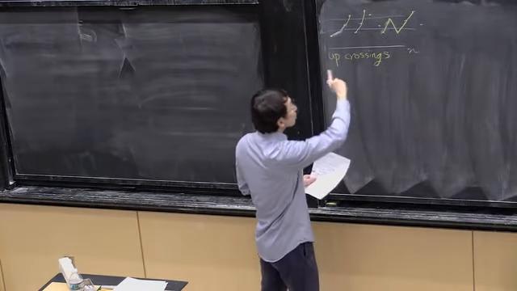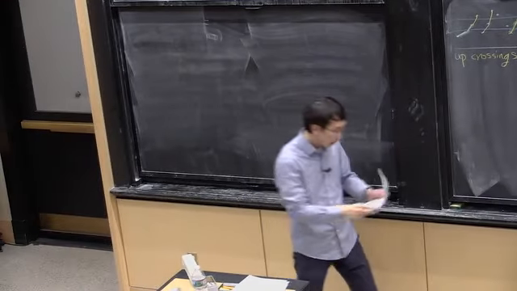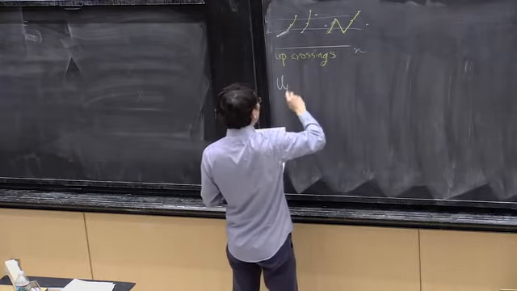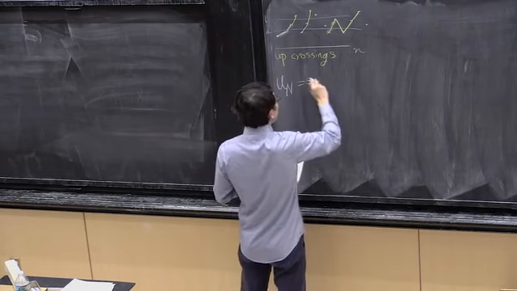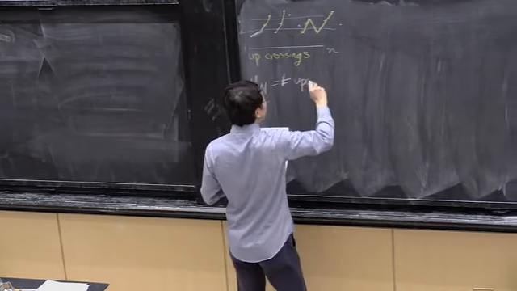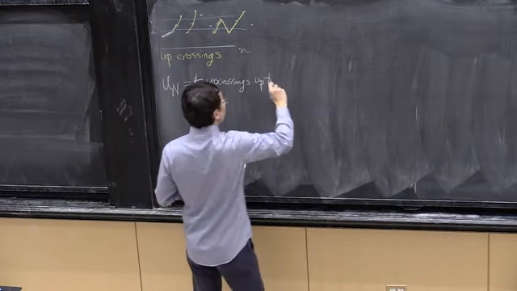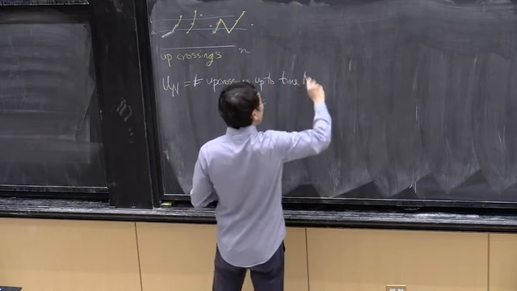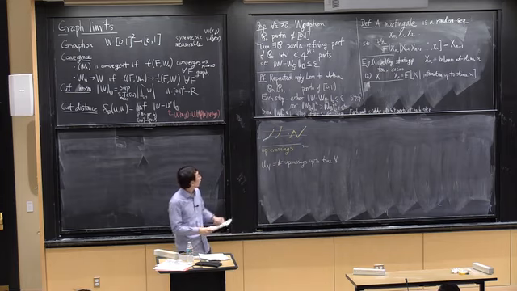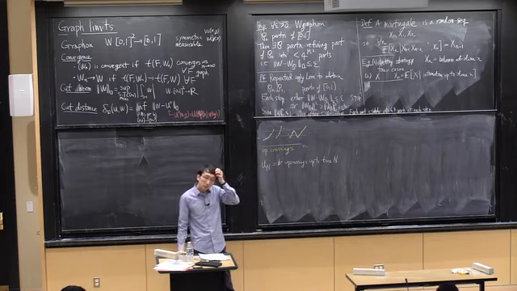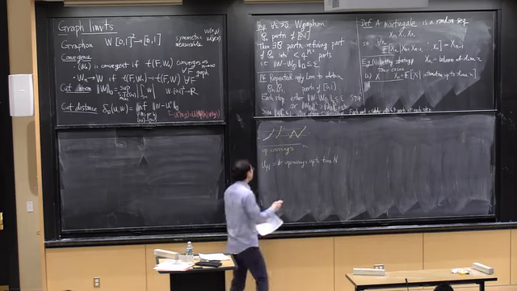So these are upcrossings. I didn't define it formally, but hopefully you understood from my picture and my description. Let me define U sub n to be the number of upcrossings up to time n. Now let me consider a betting strategy.